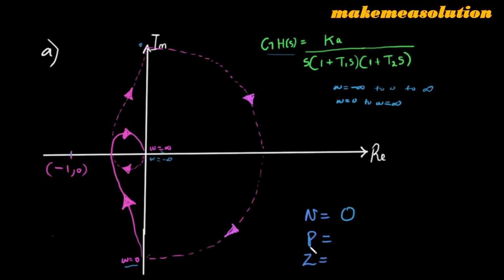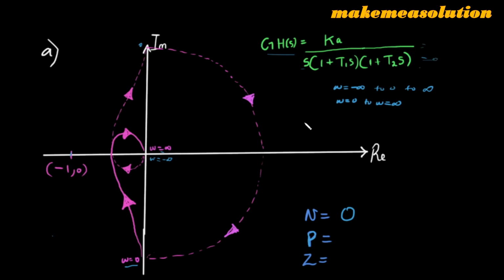So what is the value of p? P is the number of poles of this particular equation that are on the right hand side, or the number of positive poles. Now if you solve this characteristic equation, by equating the denominator to 0, you're solving for the poles. The poles of any transfer function are found by equating the denominator to 0.